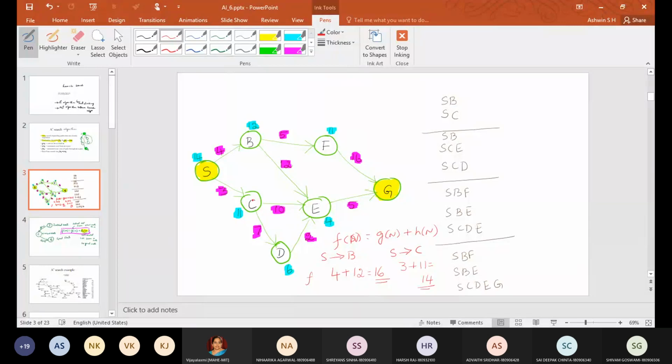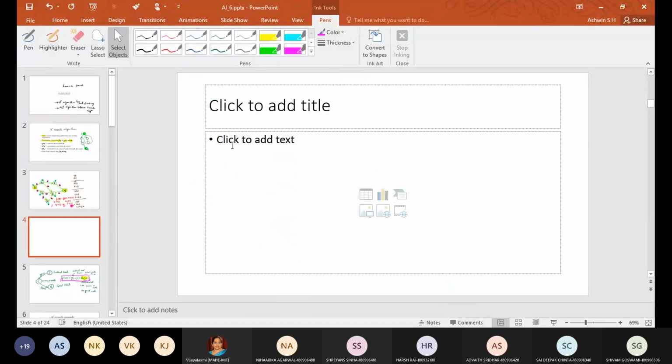So this is selected. I hope the first step is clear. What I have written is SB, SC. Since SB is greater than SC, I have selected SC. I'll color this so that it will be clear for you. Give me one second, I'll copy this diagram once again.